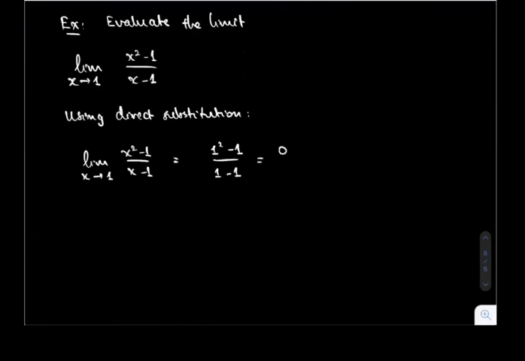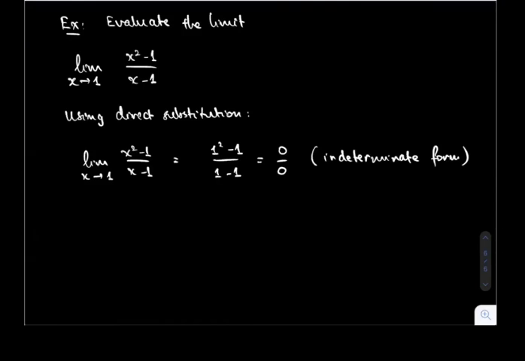You have 0 over 0. This is called the indeterminate form, right? So in a way, it's undefined because you're not sure what 0 over 0 is going to be. So therefore, you cannot get the limit from this. The limit does not exist in the sense of direct substitution.